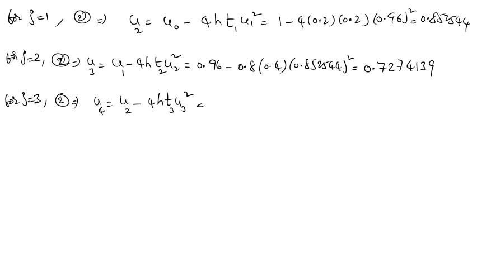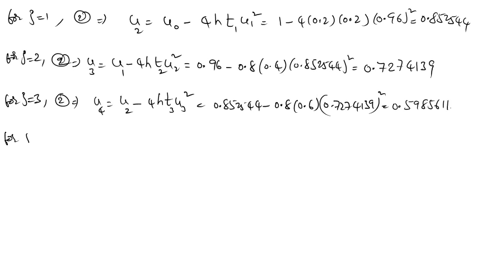Substitute all the values, and u2, what is u2? This is 0.852544 minus 0.8, t3 is 0.6, u3 is 0.7274139 square, that is equal to 0.59855611.